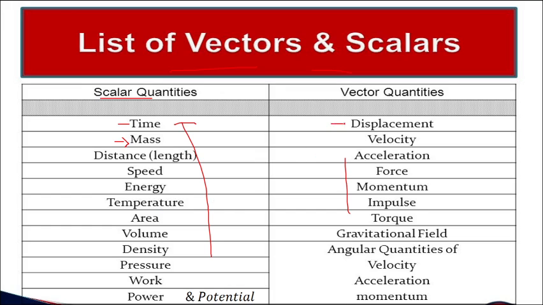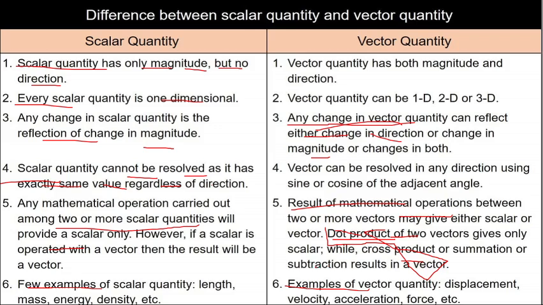But we can say something is displaced along east, velocity along south. We can say something is accelerated along this particular direction. So we said that we cannot teach this to your O level. We teach it to you later, and we said that for example, the example of vector quantity are these.